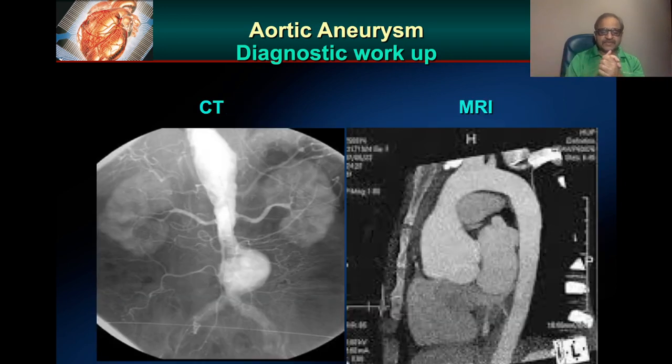Then comes CT and MRI. On the left side you see the aneurysm of abdominal aorta below the renal arteries on CT angiogram, and on the right side MRI shows the aneurysm of the ascending aorta nicely.